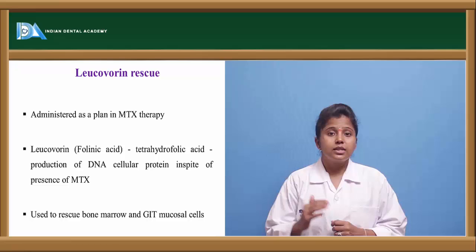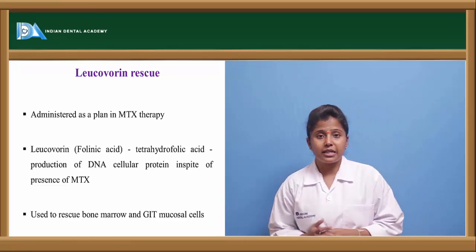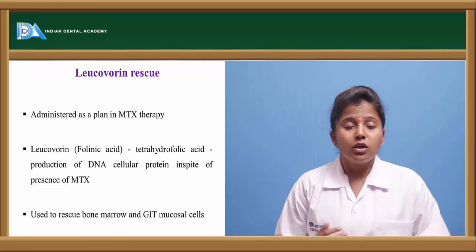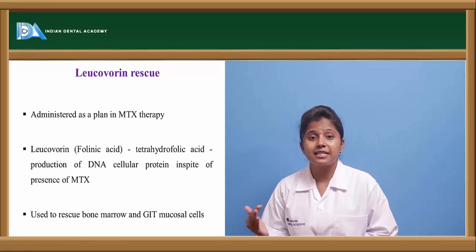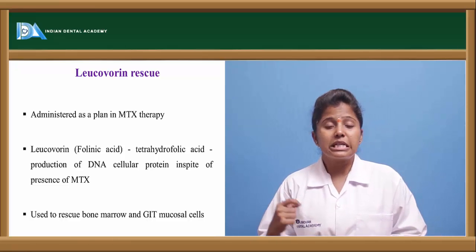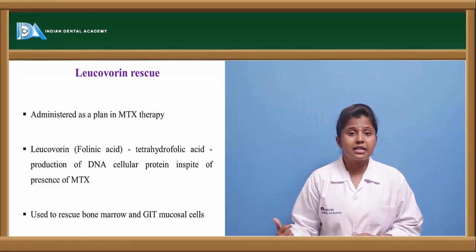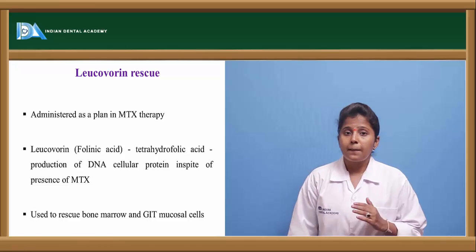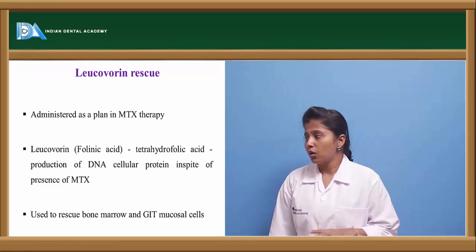Why? Because leucovorin has a folate structure, that is, it's folinic acid. This folinic acid is converted to tetrahydrofolate, so DNA synthesis takes place even in the presence of methotrexate, since methotrexate can't prevent the enzyme dihydrofolate reductase's effect if leucovorin is present in the body. So that is the reason these two drugs are not given in combination.